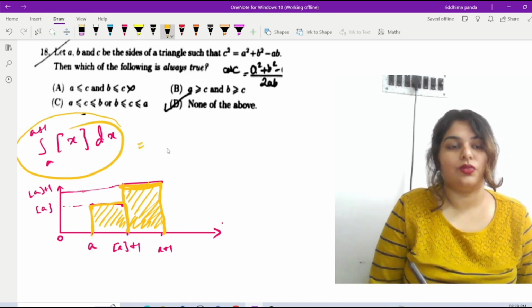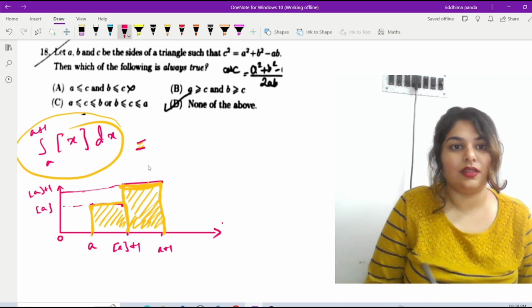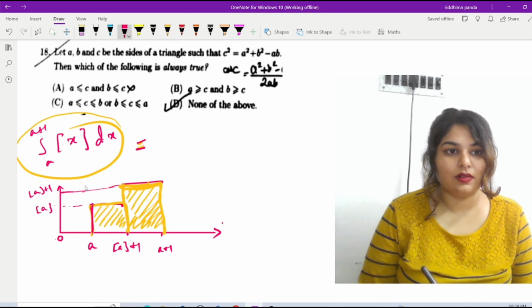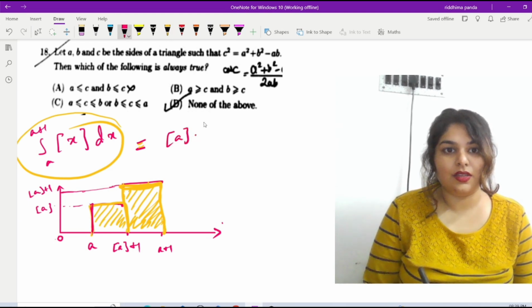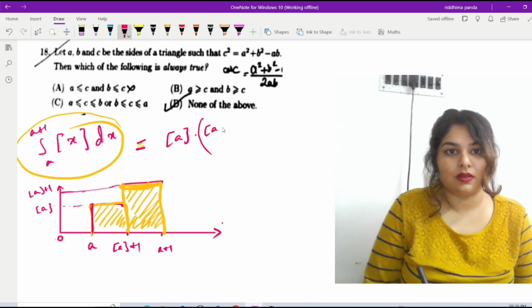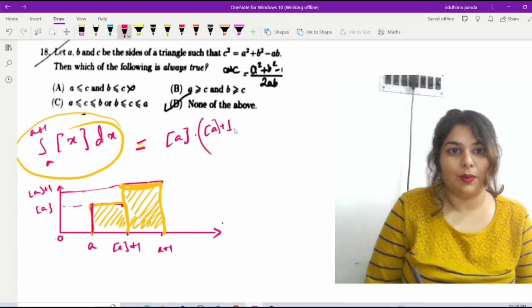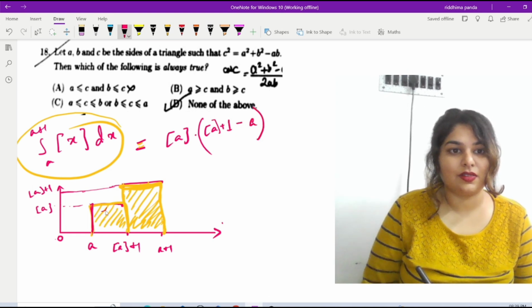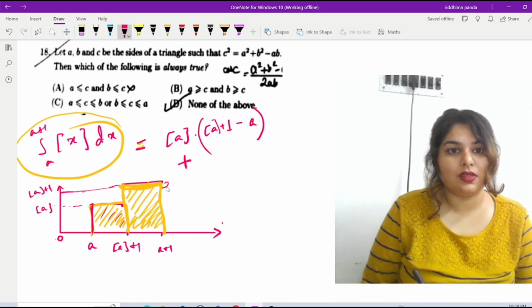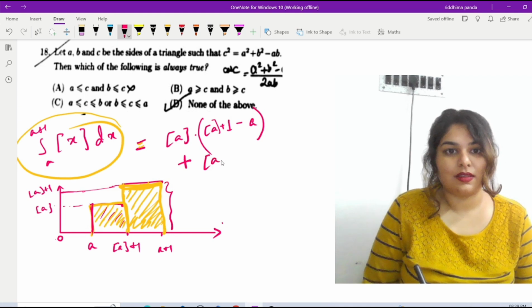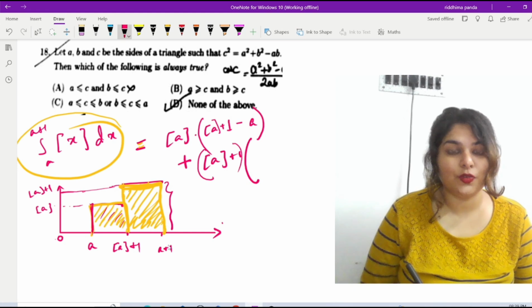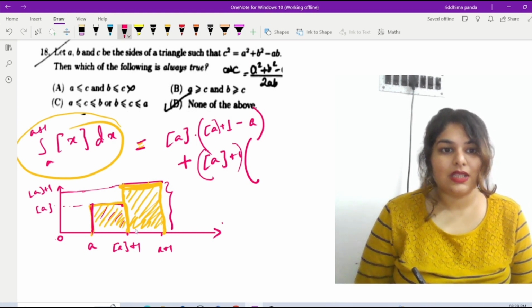So how can I write it down? This is the height, a, into a plus 1 minus a, so this is the area done, plus. Now what is the height here? This is the height, a plus 1, into the base.